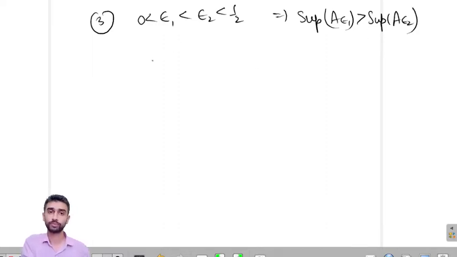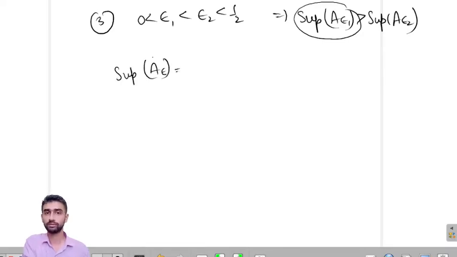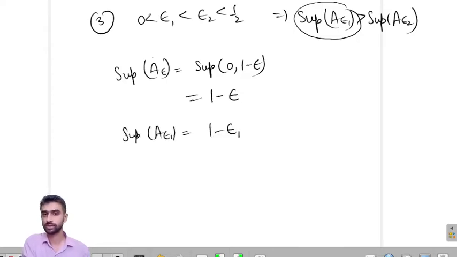So first of all, let us find what is the meaning of this. If I have A epsilon, sorry, the supremum of A epsilon, we have discussed that it will be the supremum of 0, 1 minus epsilon. So the supremum will always be 1 minus epsilon. So now the supremum of A epsilon 1 will be 1 minus epsilon 1, and the supremum of A epsilon 2 will be 1 minus epsilon 2.